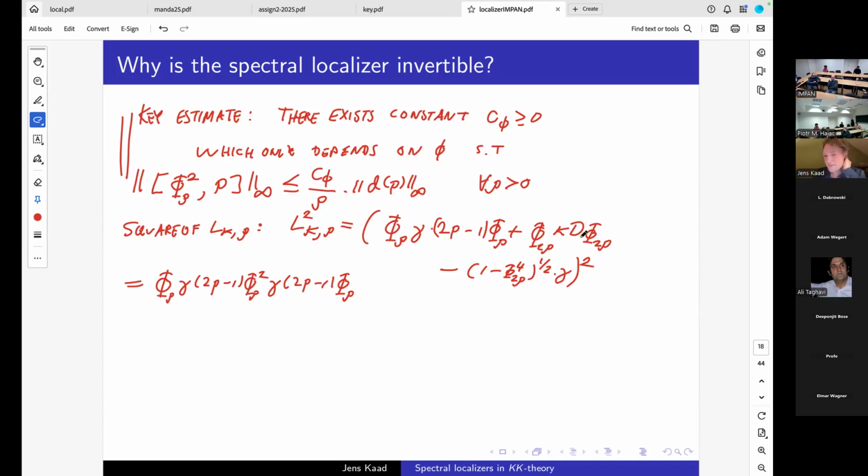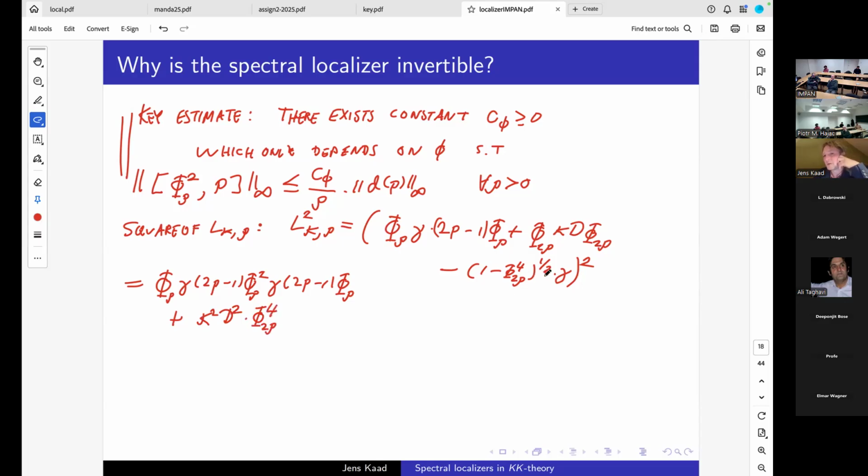Squaring the second term is not so hard, because capital phi is constructed using the functional calculus coming from the abstract Dirac operator D. So D commutes with phi 2 rho, and the second term is just kappa squared D squared times phi 2 rho to the fourth.